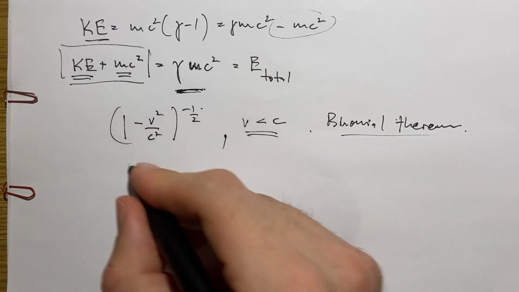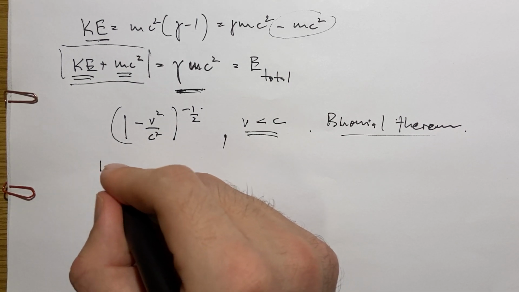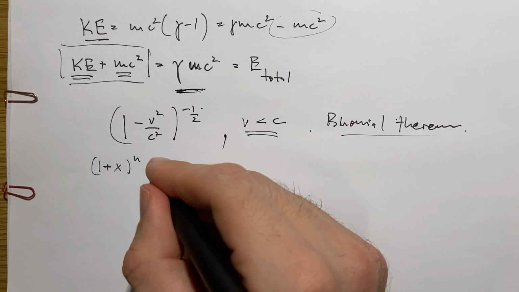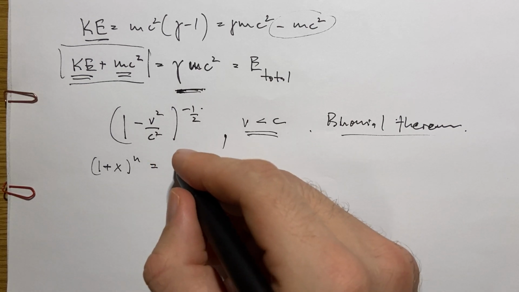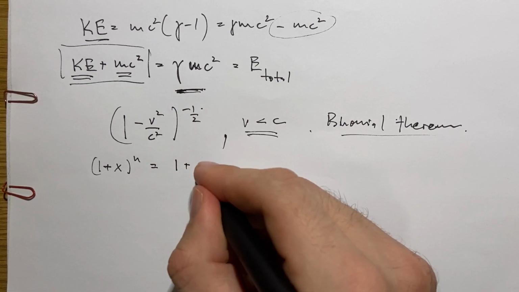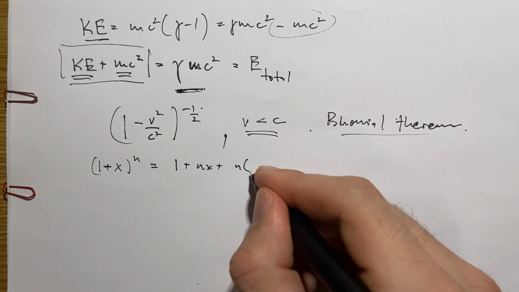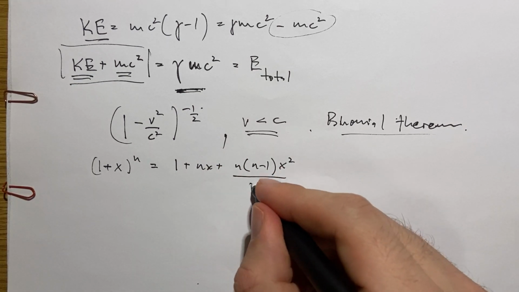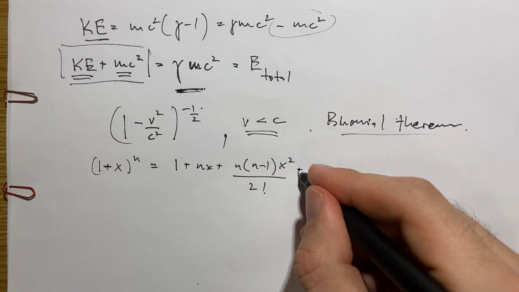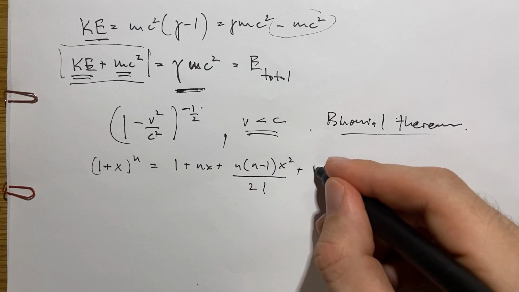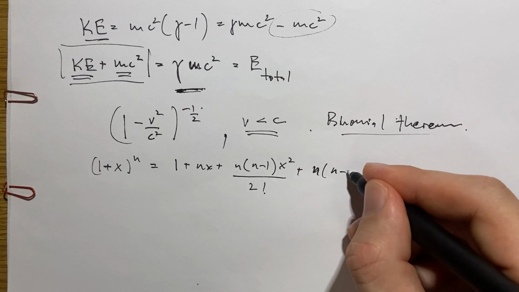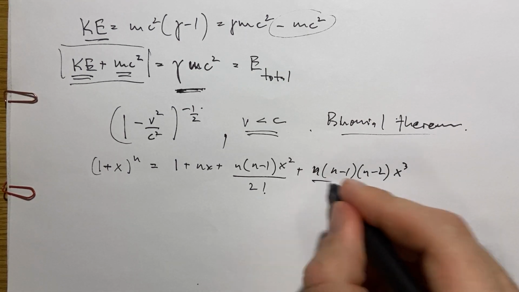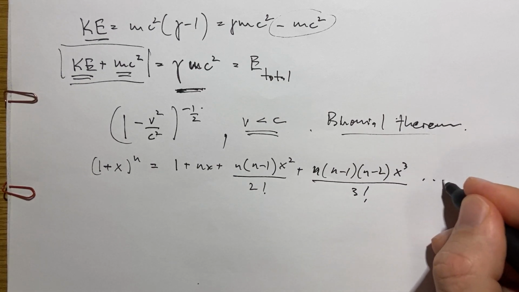Binomial theorem. And this theorem tells us that if we have a binomial 1 plus x to the power of n, then we can expand this by using the following algorithm. It's going to be 1 plus nx plus n times n minus 1, x squared divided by 2 factorial plus n times n minus 1 times n minus 2, x cubed divided by 3 factorial, and so on.